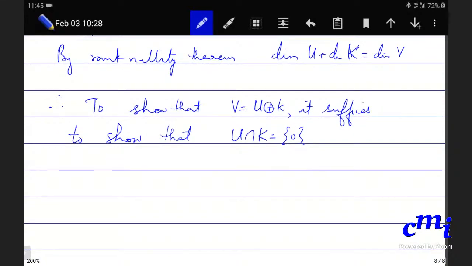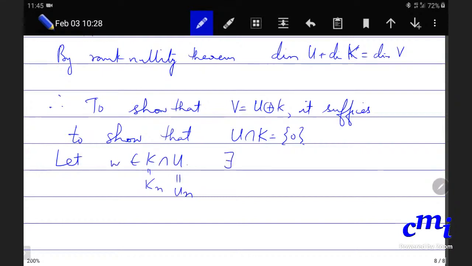So let v belong to K intersect U. Remember, this is equal to K_m and this is equal to U_m. Let's call this thing w.